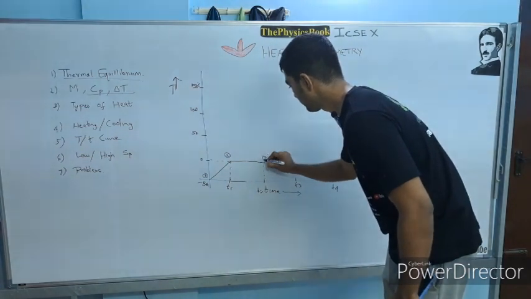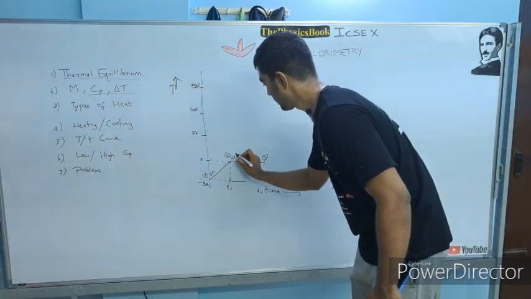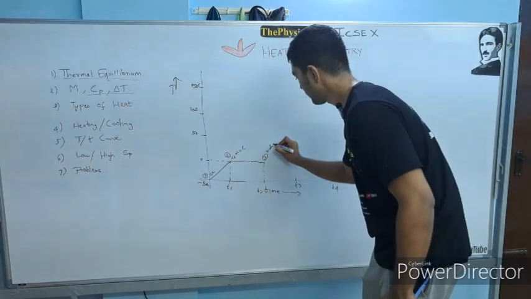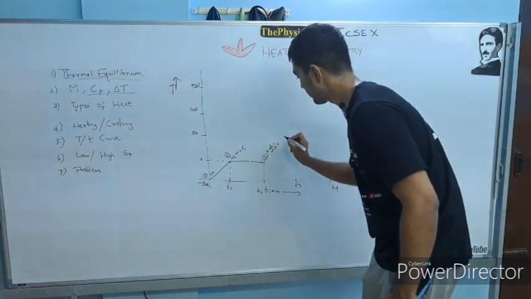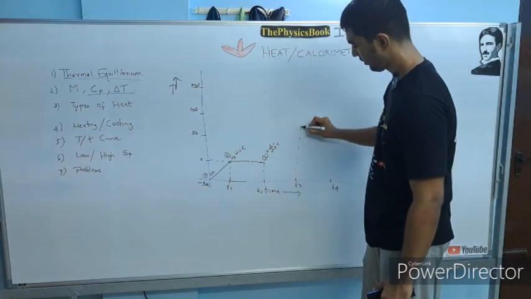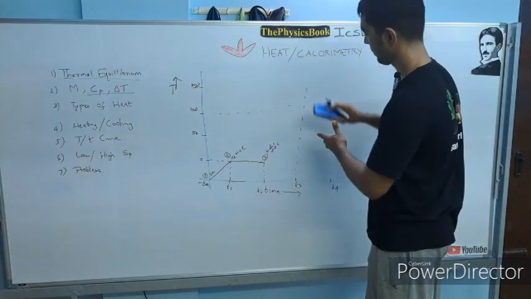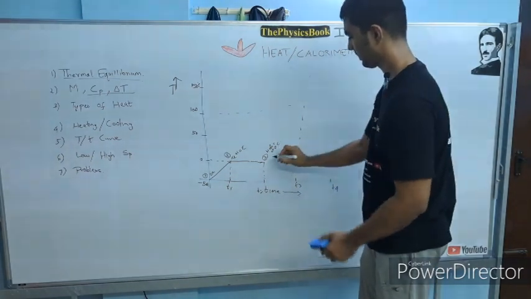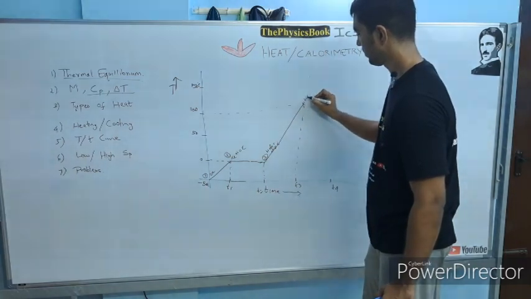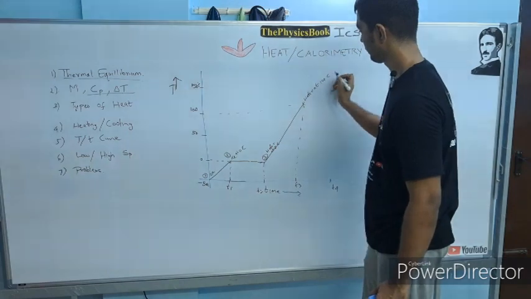And you are going to get, so now this is ice at 0 degrees Celsius, water at 0 degrees Celsius. So now again T3, water is going to heat up to 100 degrees Celsius. This is water at 100 degrees Celsius.